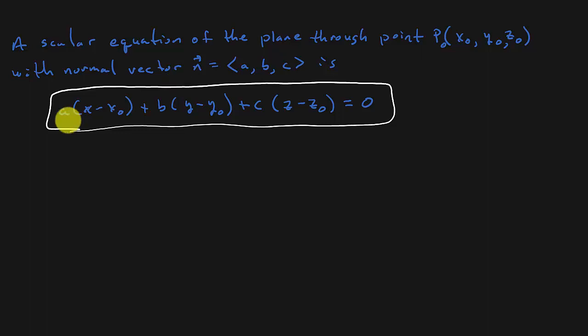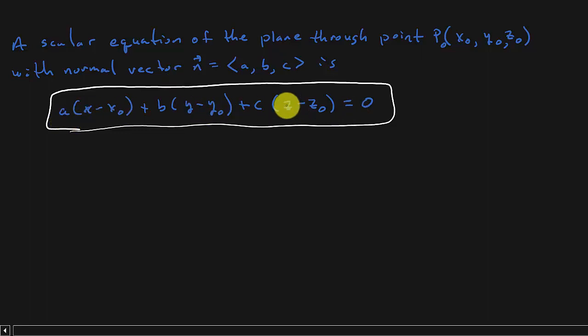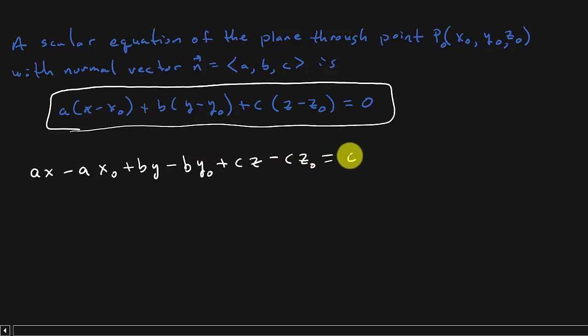But look at this. If I distribute and clear all those parentheses, I get AX minus A times X0 plus BY minus B times Y0 plus CZ minus C times Z0 equals 0.